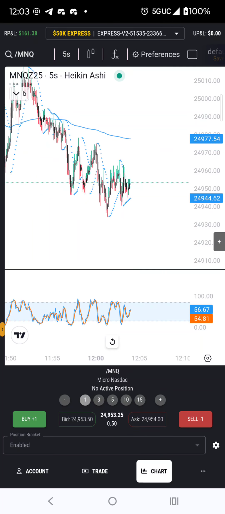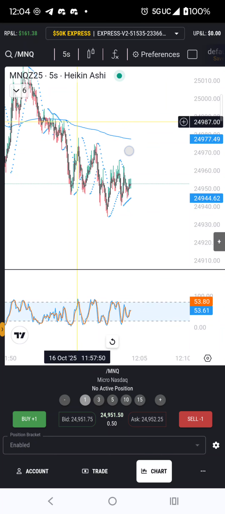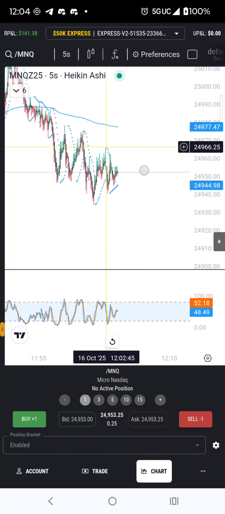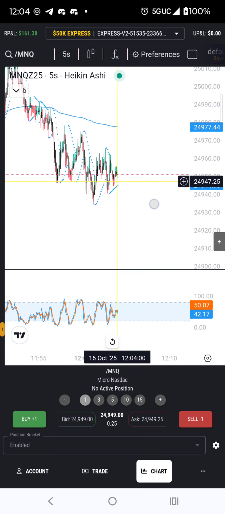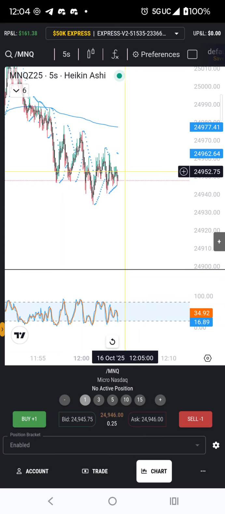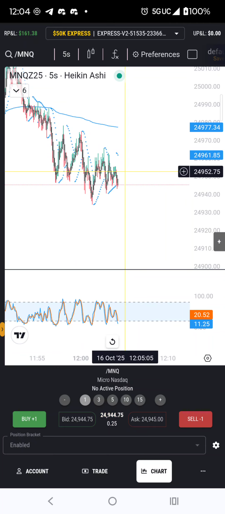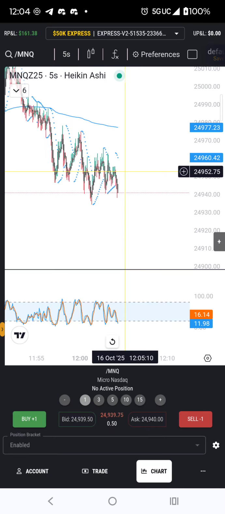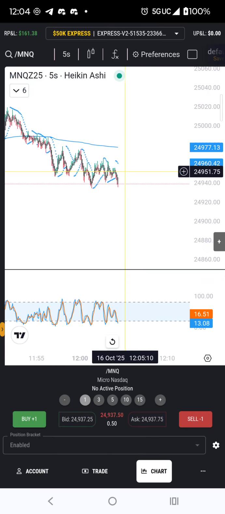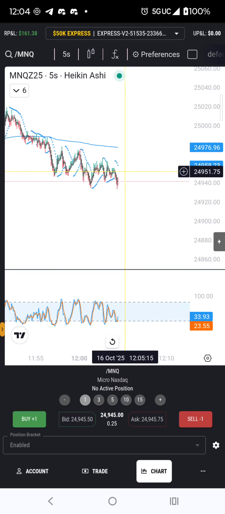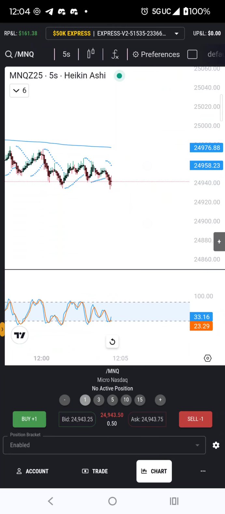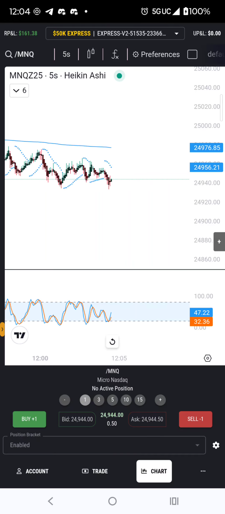So now we don't have any. See how it's pinching in like that? It's pinching in, pinching in, pinching in. It's doing that here too, so it's going to break out from here. Okay. We don't want to chase, but this is it breaking out. Wait for a little pullback. Here's the pullback.